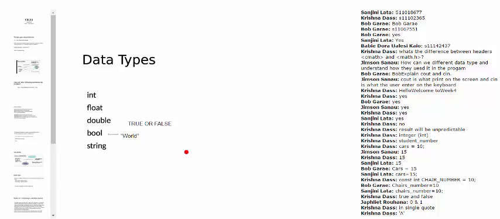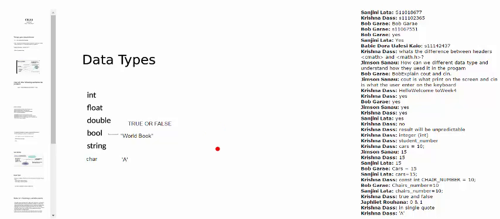Now, there is a difference between string and characters. In string, we can store a word or two words for a sentence, right? And then we have another very important data type, which is character. The difference between character and string is that in character, we use single quotes, right?